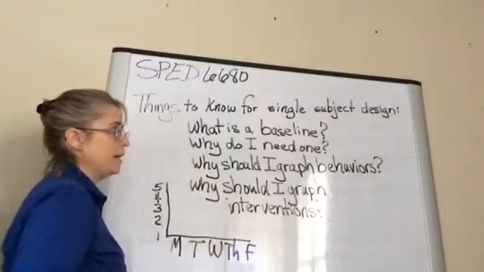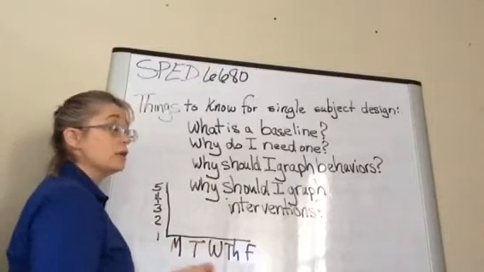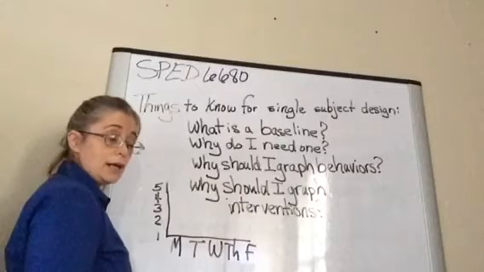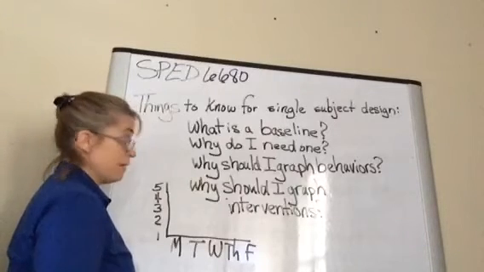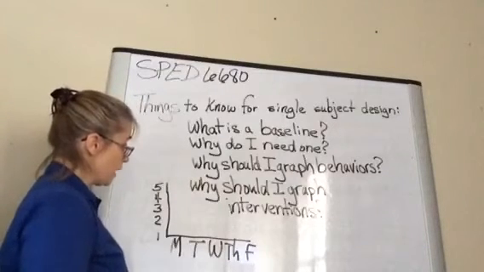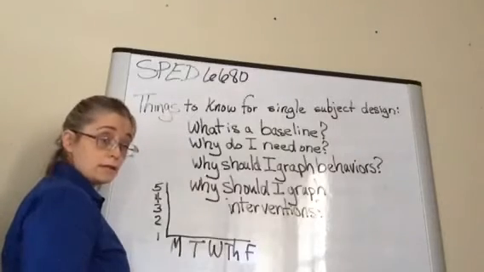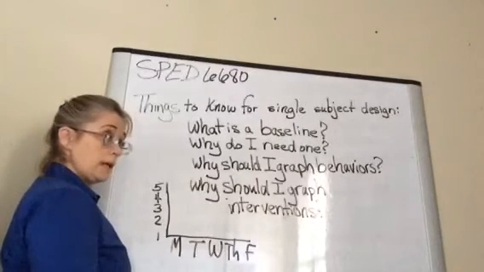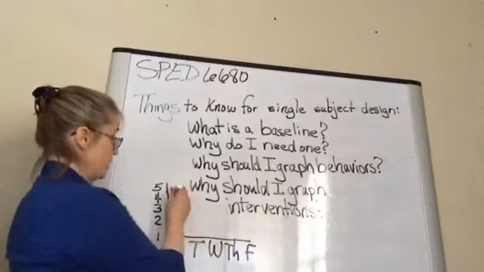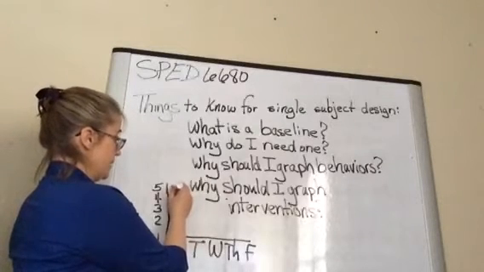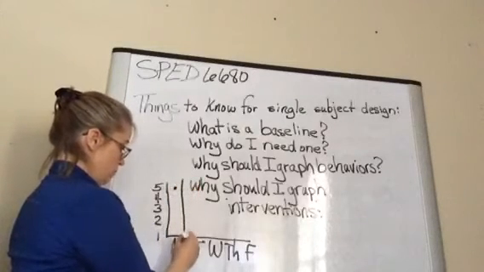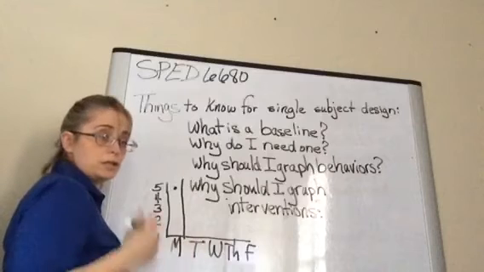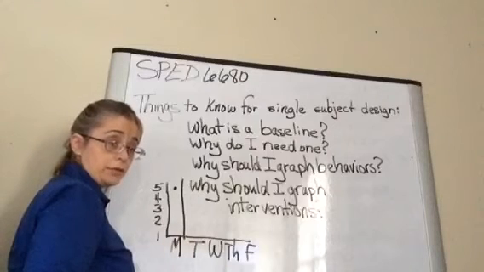Let's say Johnny is just starting out and we're going to have out of seat behavior. And starting out, he had in the morning 5 out of seat behaviors. So I'm going to say for Monday, Johnny had 5 out of seat behaviors.